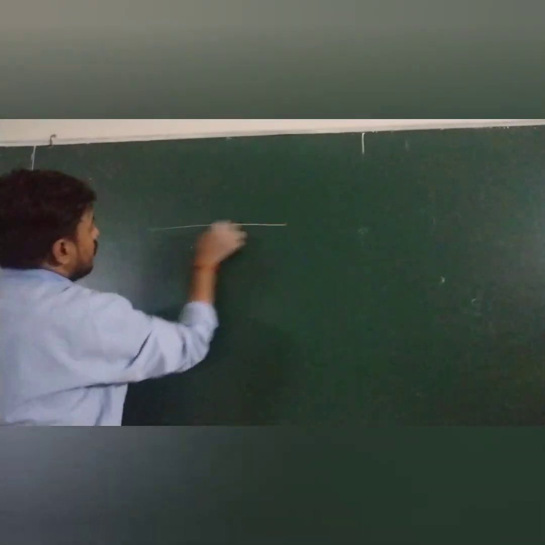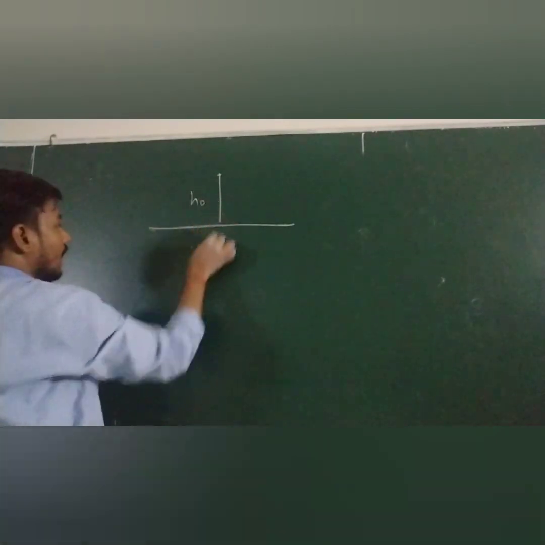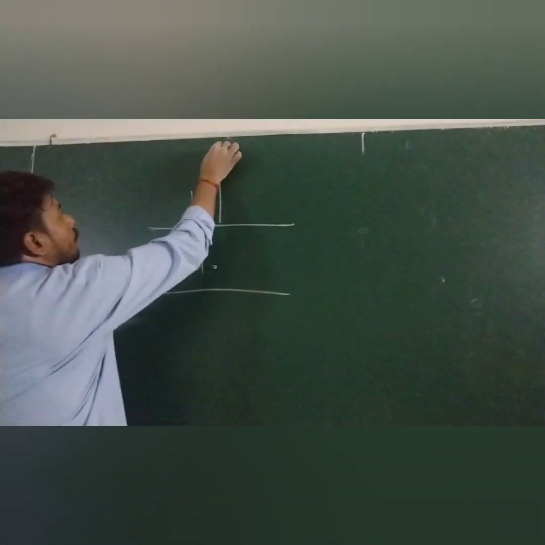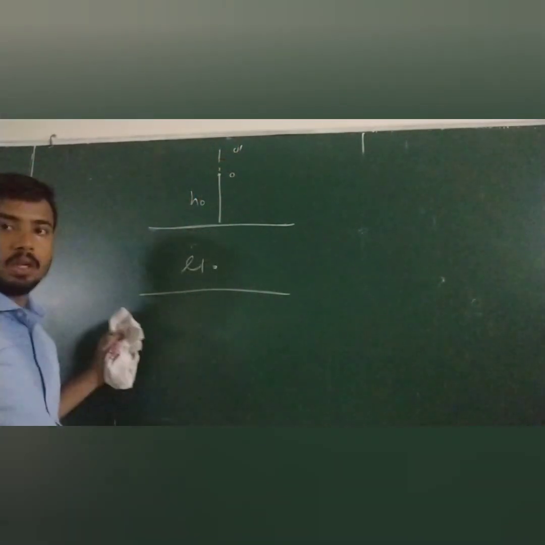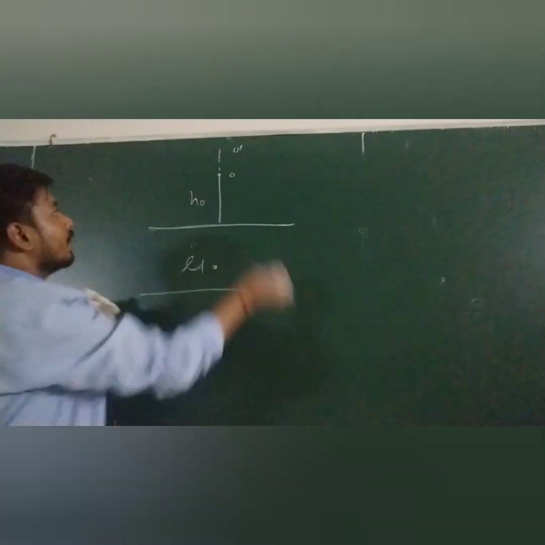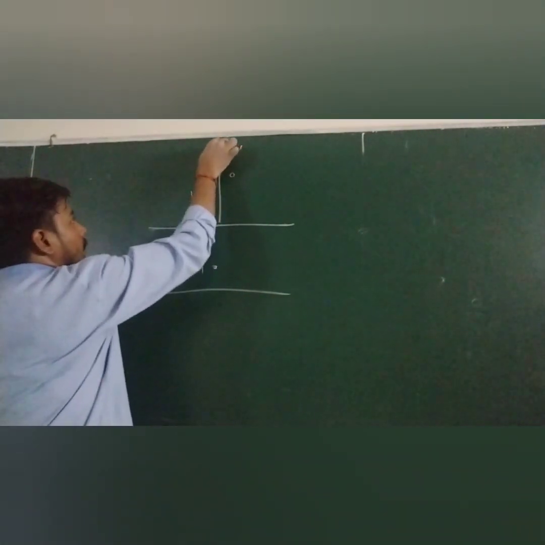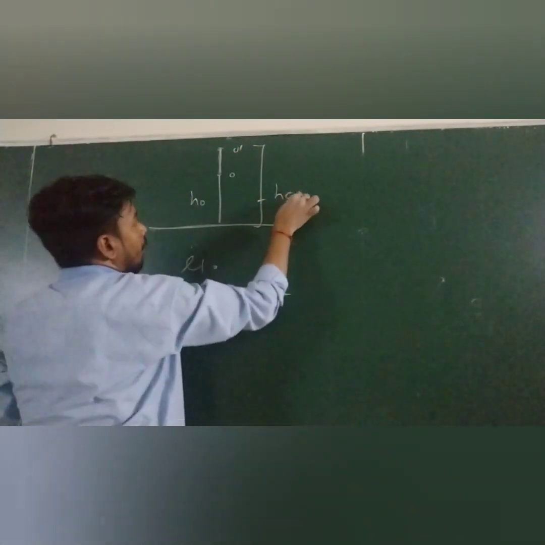Suppose the object is here, this height is H naught, and this is mu, observer is somewhere here. This is O and this is O dash. Just as we got this formula, this object will appear here, and this height is called H apparent.